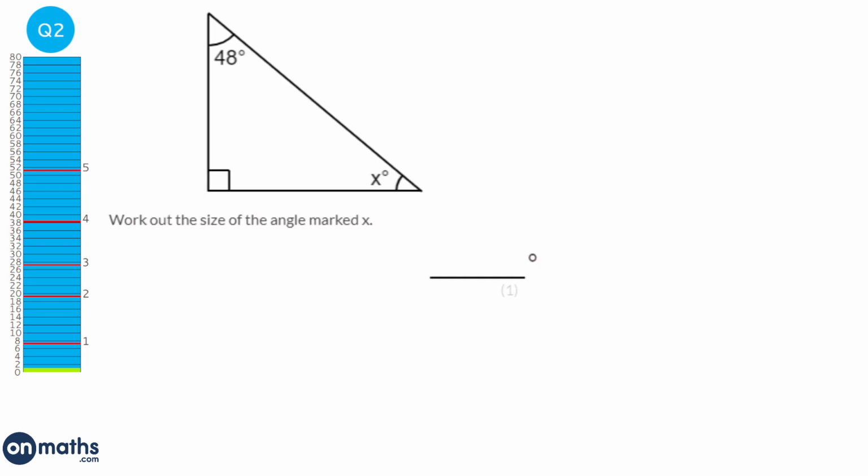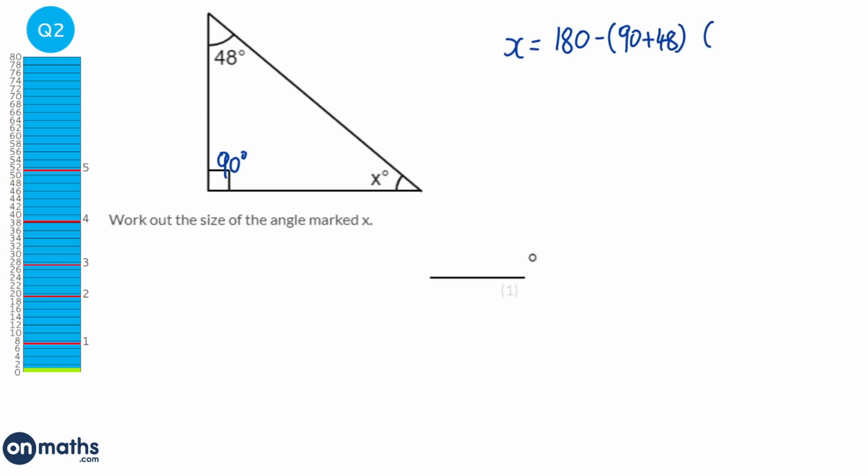Here we have a triangle, and we've got an angle of 48 degrees. We've got this right angle, which is 90 degrees, and we're looking for x. So we need to realise that the three angles will add up to 180 because it's a triangle. To find x, we subtract the two angles we know: the 90 degrees plus the 48 degrees from 180.